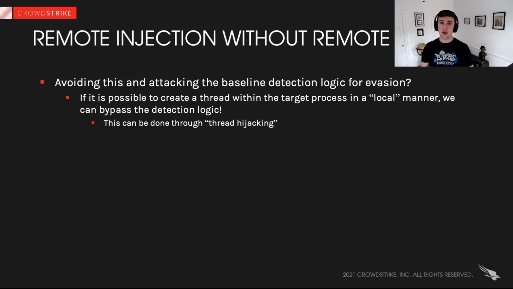How do we avoid this detection and attack that baseline logic for evasion? We can do this through thread hijacking. So instead of creating a new remote thread, let's see if there's a way to use an existing remote thread.